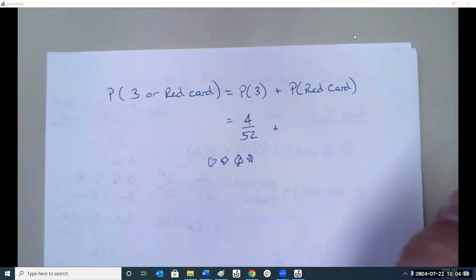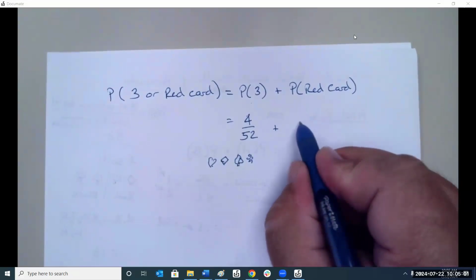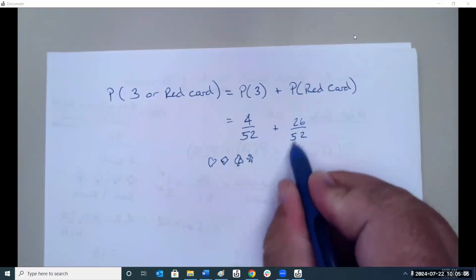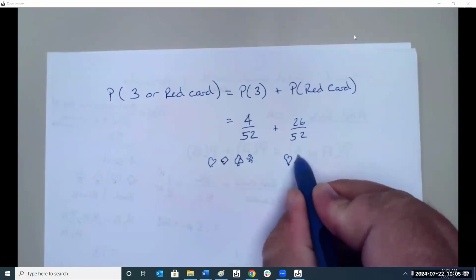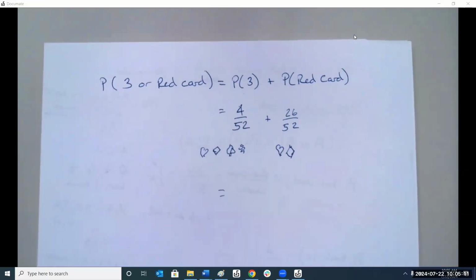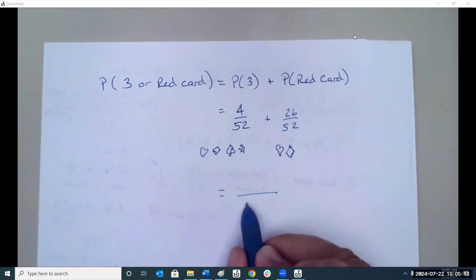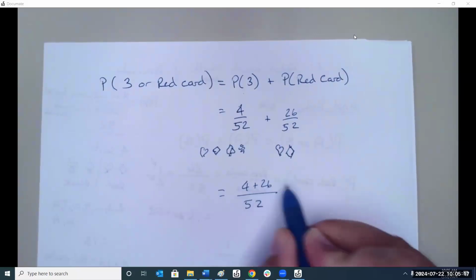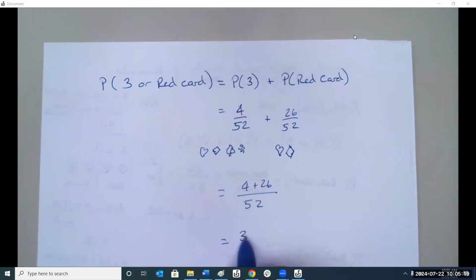How many red cards are there? There's 26. The red cards are the hearts and the diamonds. Adding fractions, if you have the same number on the bottom, just worry about the top. So we're saying our chances are 30 out of 52.